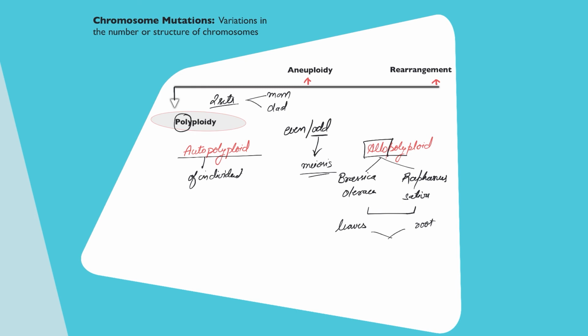Now, like bananas, we want seedless bananas, right? So we had a variety that was an odd allopolyploid, and that's good because we don't want seeds, we just want the fruit, right? So that works. Even polyploids have better chances of reproducing by self, but again, we just look for the commercial features.